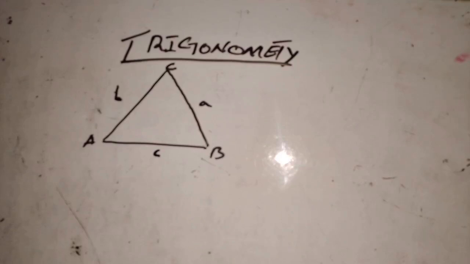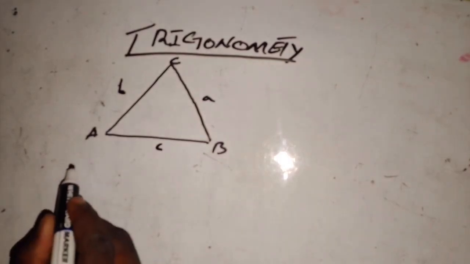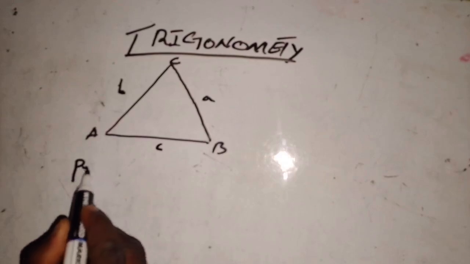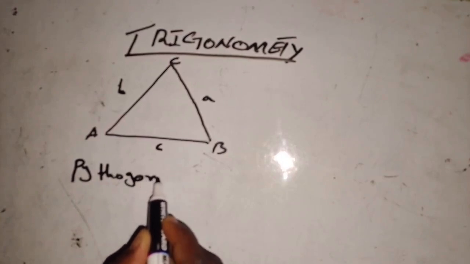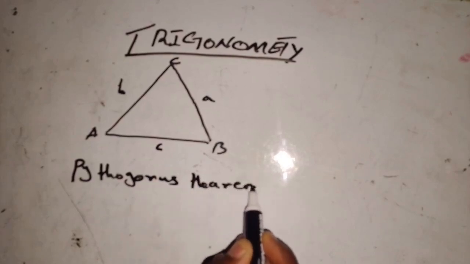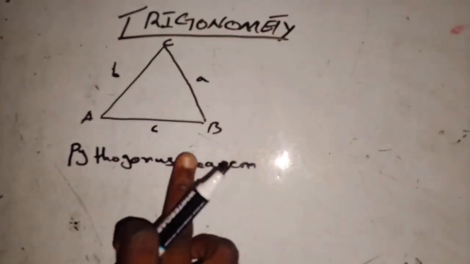What you need to know about trigonometry is Pythagoras theorem. Pythagoras theorem is one of the relations found in trigonometry.